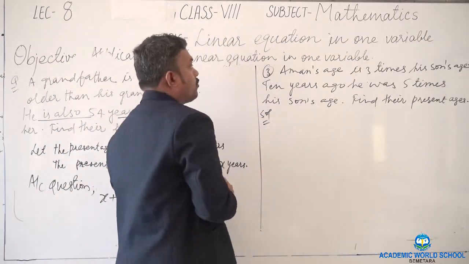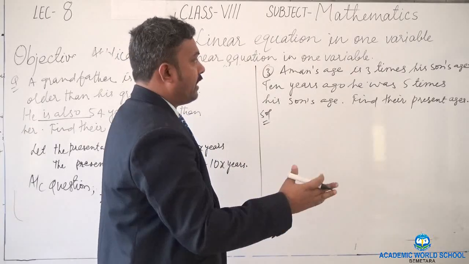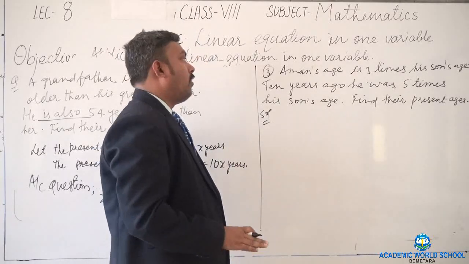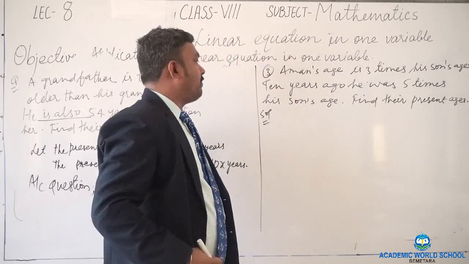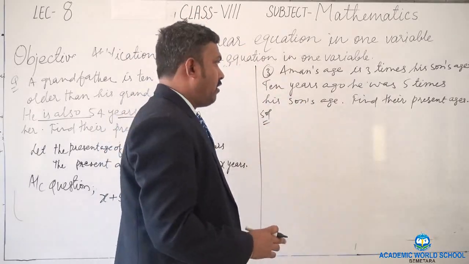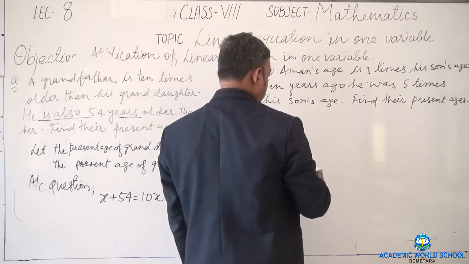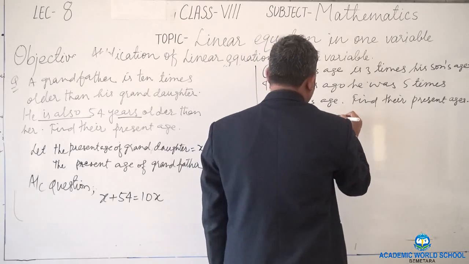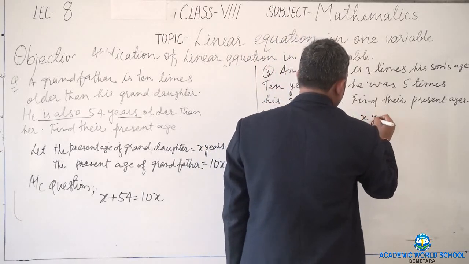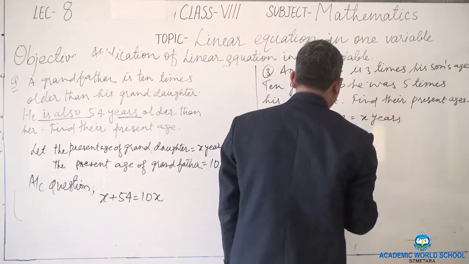Right? So Aman's age is 3 times his son's age. Okay. 10 years ago, he was 5 times his son's age. So we will assume here, let the son's age equal x years.